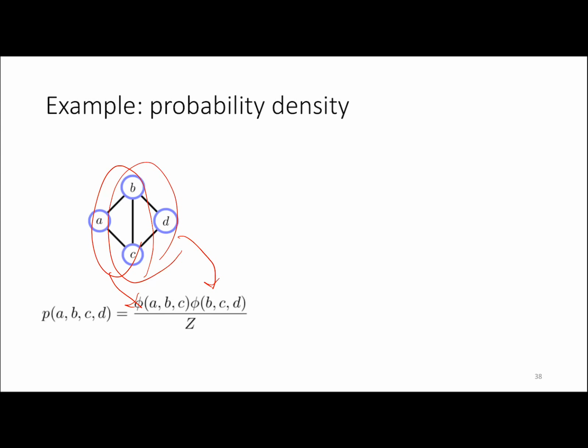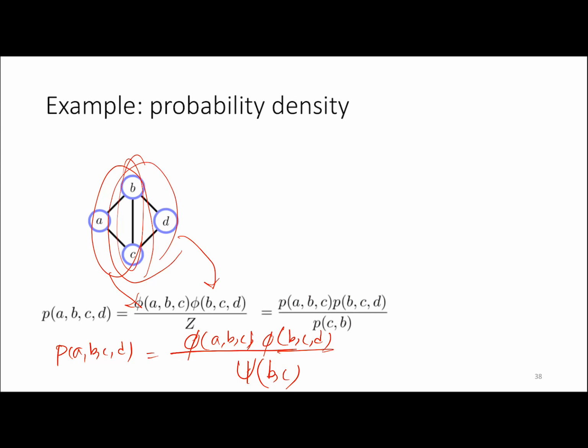It can be shown, and it's not actually hard to show, that another way of representing the same graph is to represent P(A, B, C, D) as a function that's the multiplication of the terms over A, B, C and B, C, D, multiplied by something else that has the joint term between them, which is going to be B and C. This can be shown. So how can we show that?